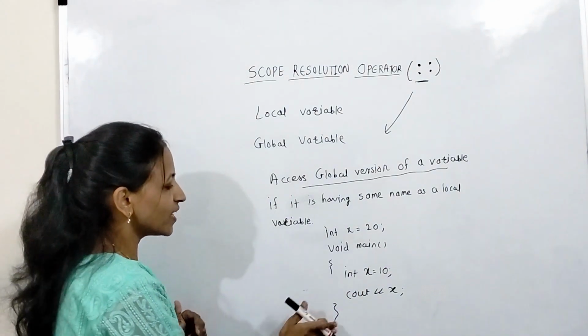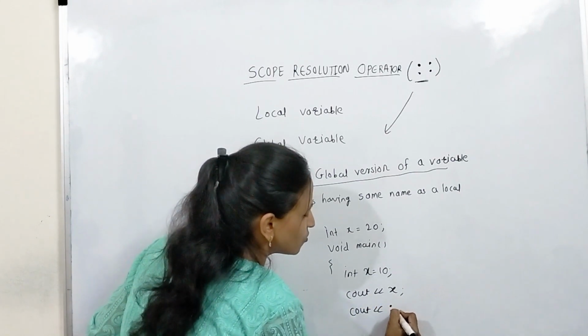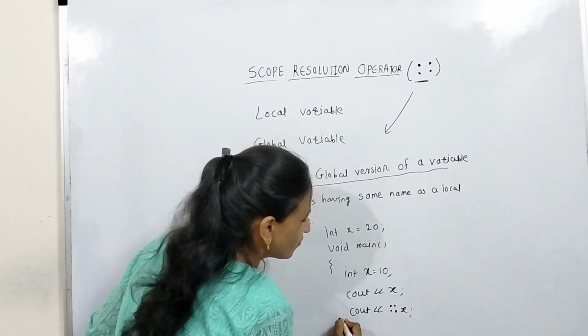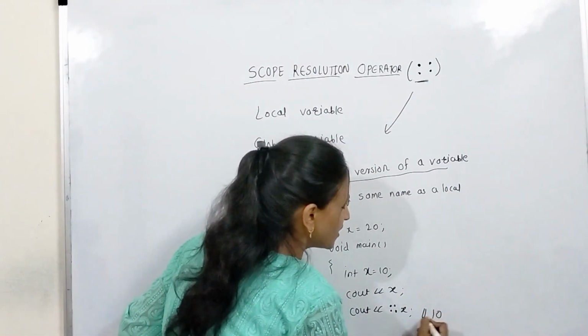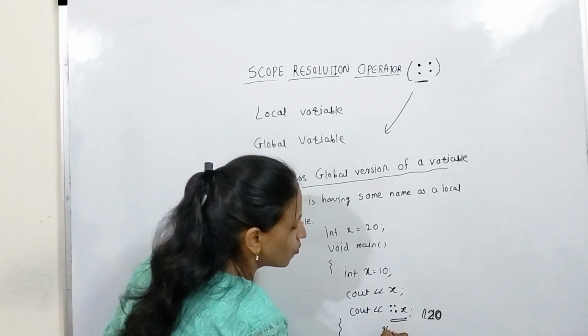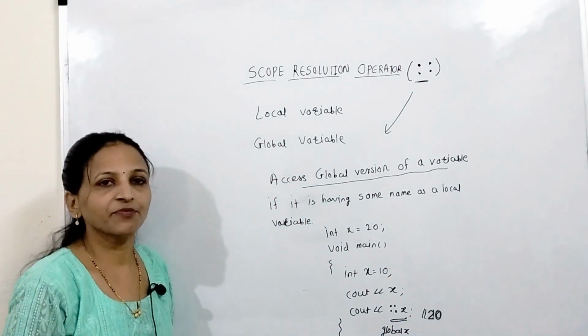Getting? Now how to do that? We just write cout, then the scope resolution operator and x. Then we will of course get output 20, because the meaning of this statement is global x, not local. Always keep this in mind.